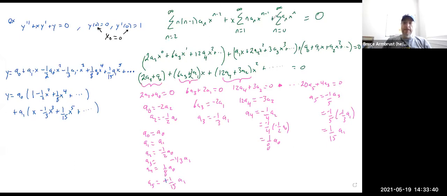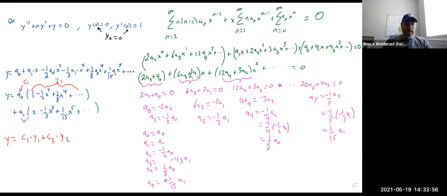So if I were to translate this back to the language that we know, we write this as C1 times Y1 plus C2 times Y2. A naught is C1. The stuff in the parentheses here is Y1. A1 is C2. All this stuff in parentheses is Y2.